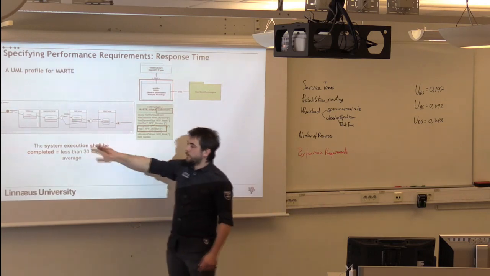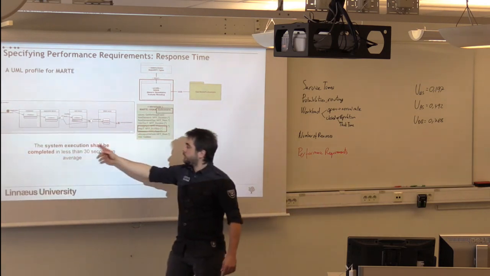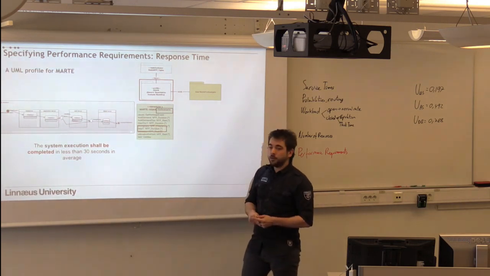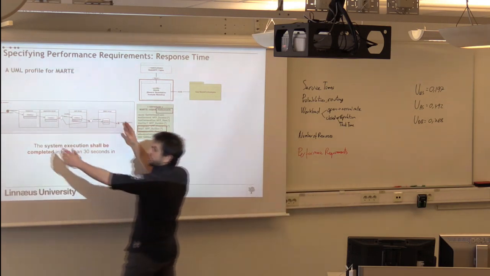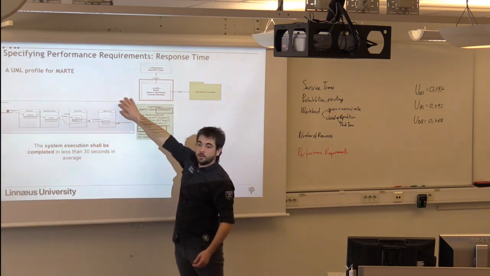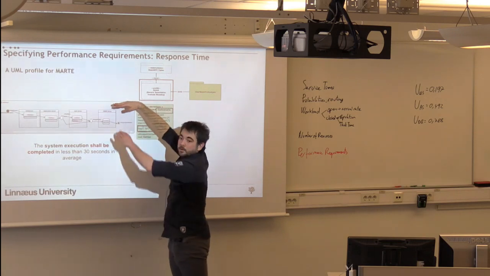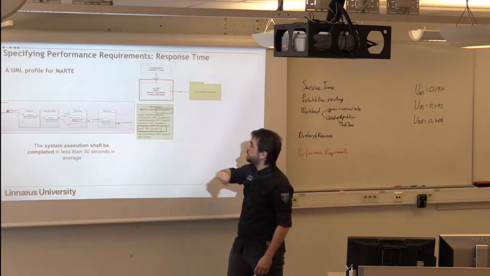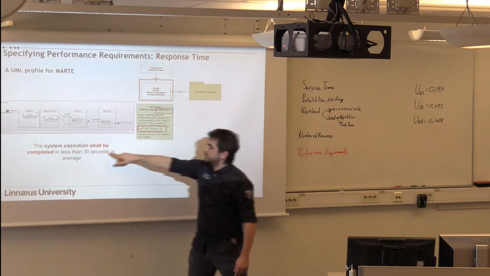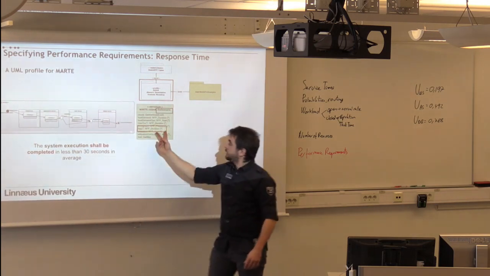So if we have as the requirement that the system execution shall be complete in less than 30 seconds in average, we have represented our system. We can add this stereotype to the whole system as the execution scenario. Say that I want the response time, and we will represent this.